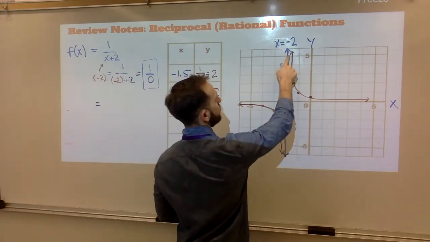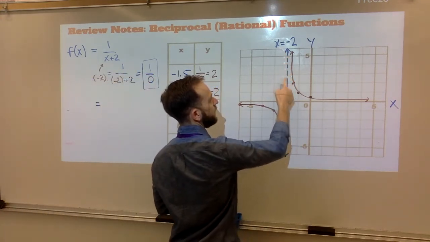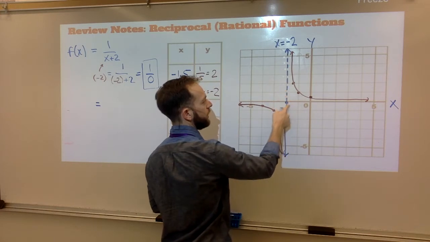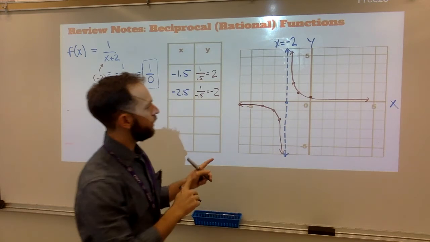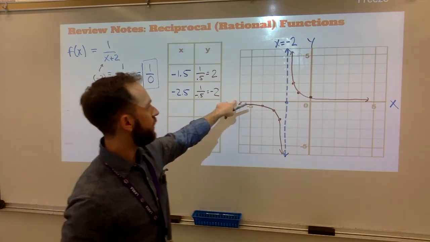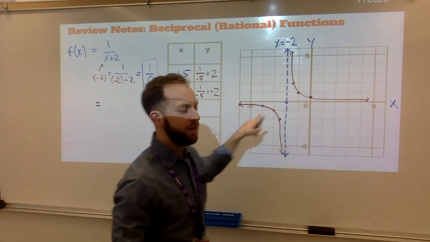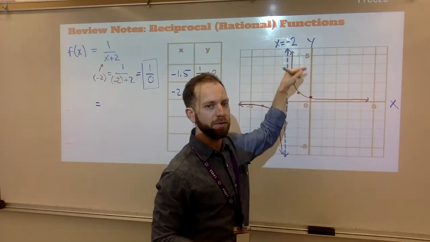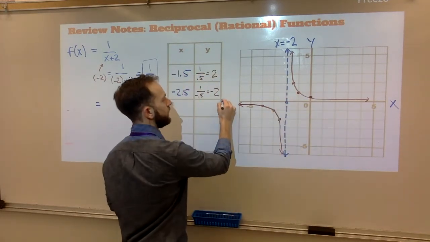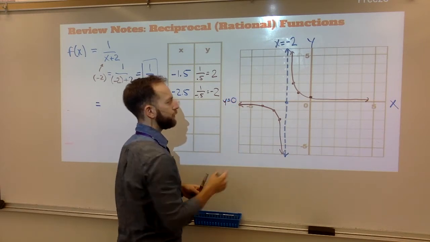So one of those asymptotes is this one right here, and we'll make it a dashed line so you can see that this is an asymptote. And if you'll notice, the other line that it gets really close to but never touches is the x-axis, which at every point y is equal to 0 because it's not up or down, and that represents y. So this line is y equals 0.